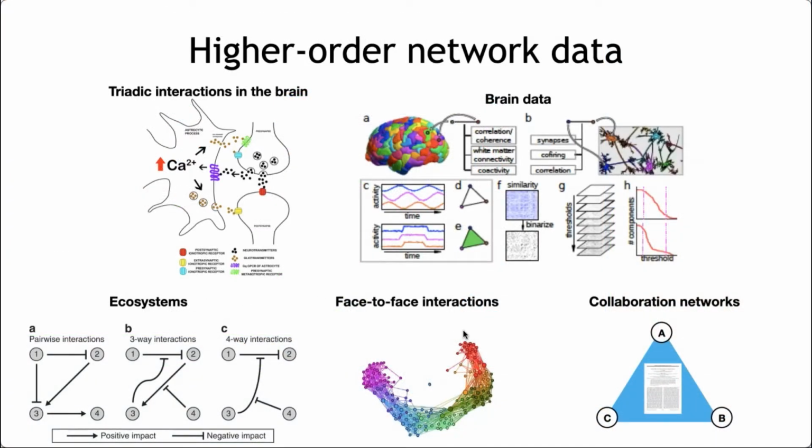And in other contexts, like in social network, you have collaboration network where, as you know from your experience, you can collaborate with a team of scientists publishing paper with more than two authors, or you can have face-to-face interaction, or in ecosystem, you can have also this triadic interaction when a species acts on the interaction between other two species, and this can be arranged in a very complex way. So you can have a triadic interaction acting on a triadic interaction itself, as in this example.